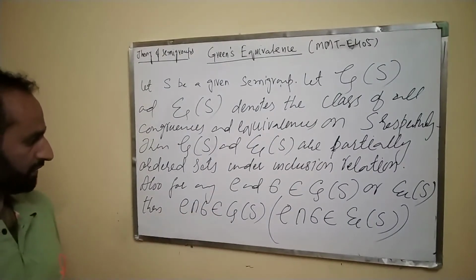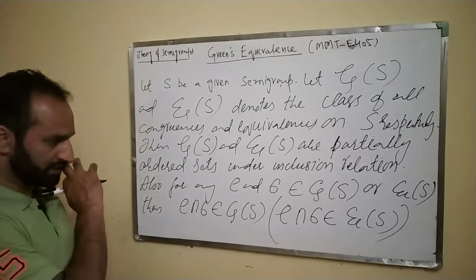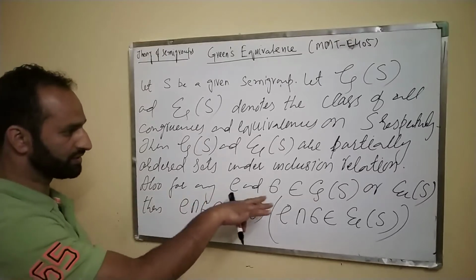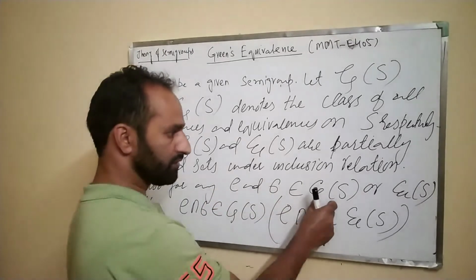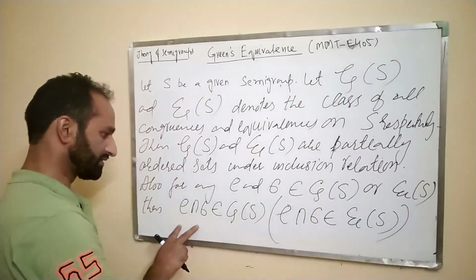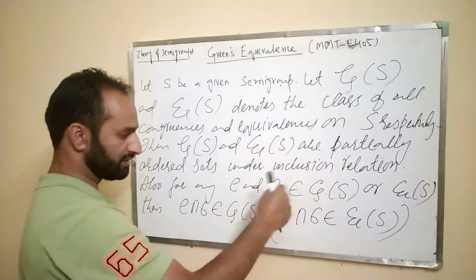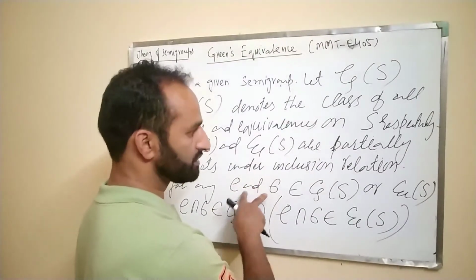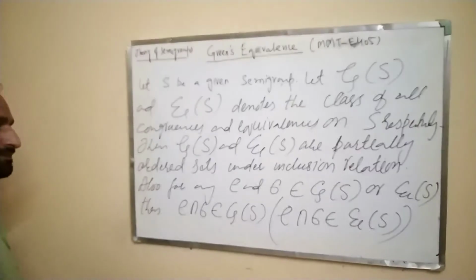So it contains its greatest lower bound. Their intersection is in C of S if both are in C of S, and in E of S if both relations are in E of S.